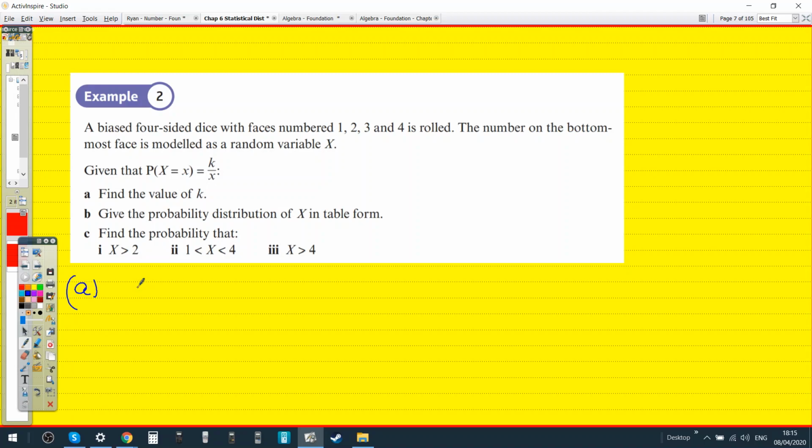So we have to find out the probability, and then k would be the top, but it's biased.